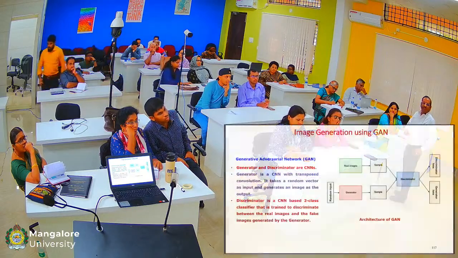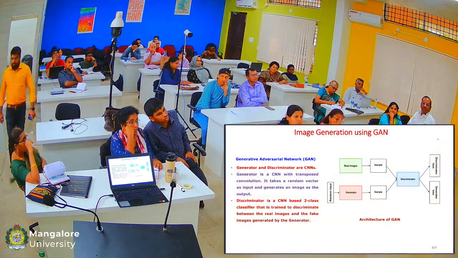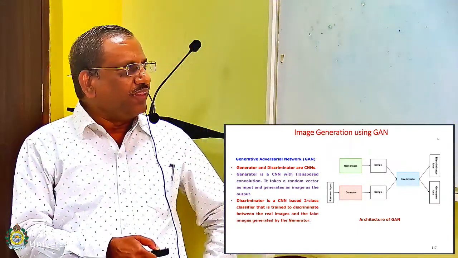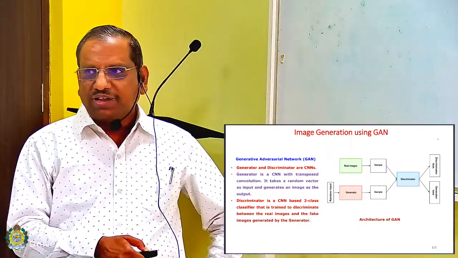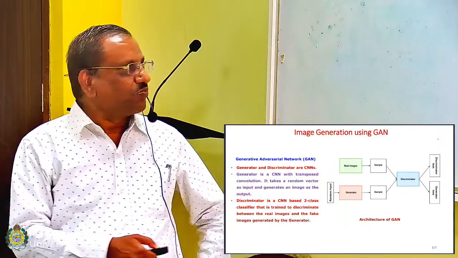So both these models are trained together, and once the model is completely trained, I can take only the generator module, give some random vector as input, and generate the images.